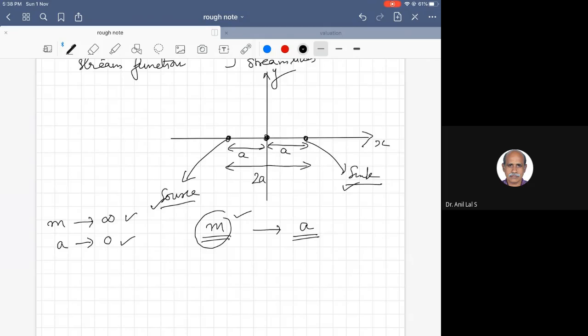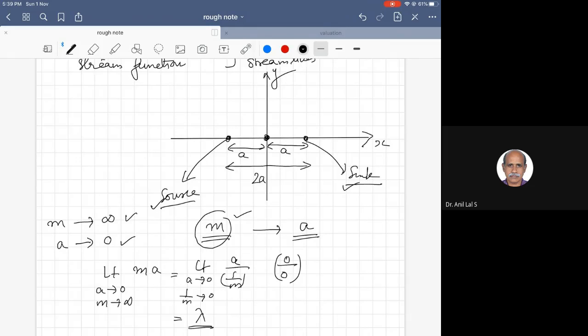If you take the limit a tends to 0, m tends to infinity, m a is equal to the limit of a by 1 by m, which has a 0 by 0 form, and thereby this will have a finite limit lambda.